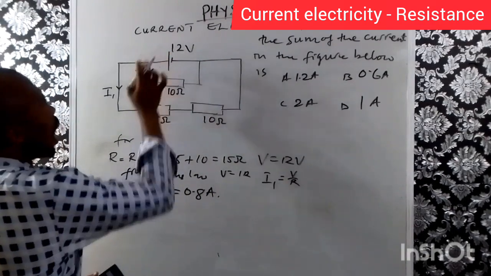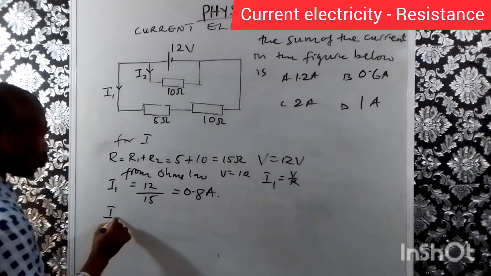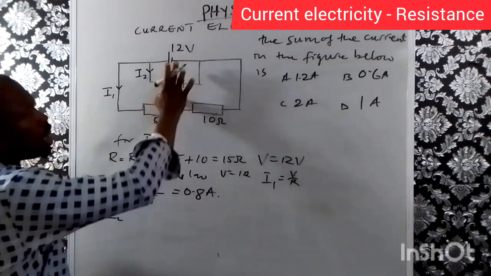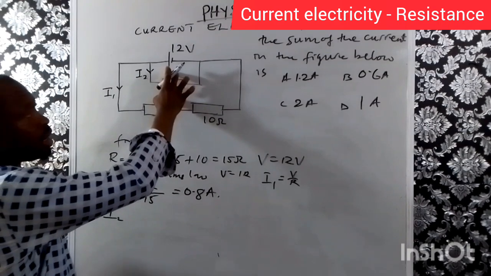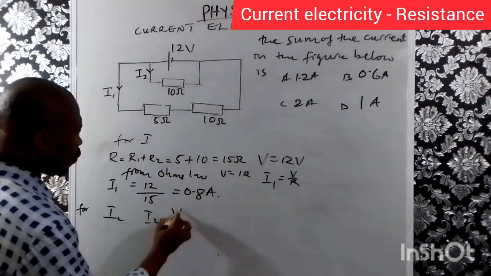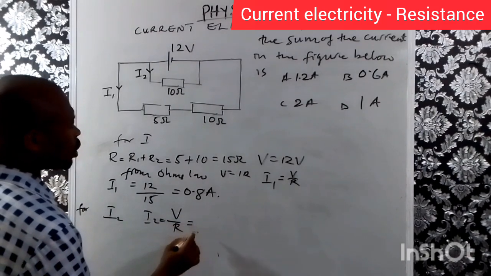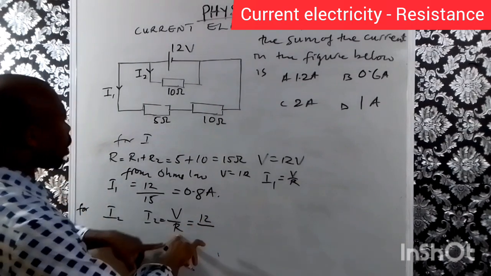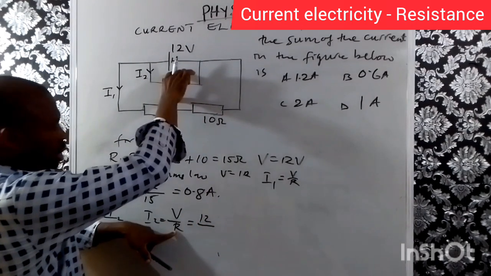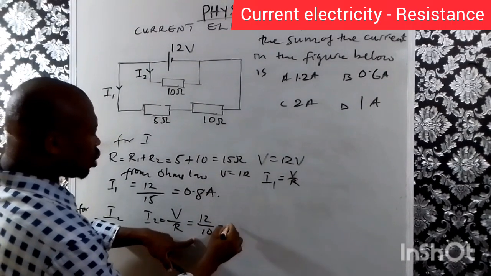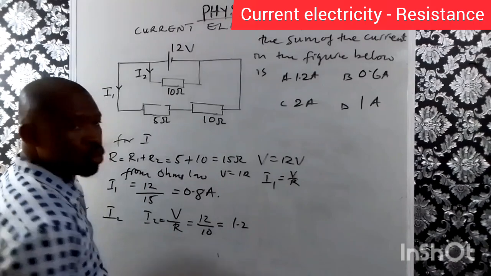Now for I2, the only resistor we have here is 10. So I2 is V all over R, which is the same PD here, 12, all over R. R here is just that 10, so this over this will give us 1.2.